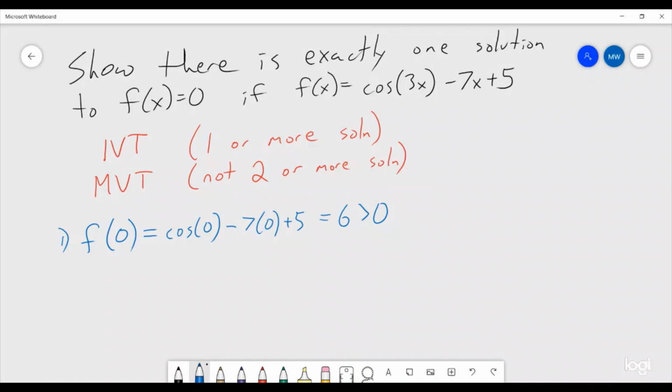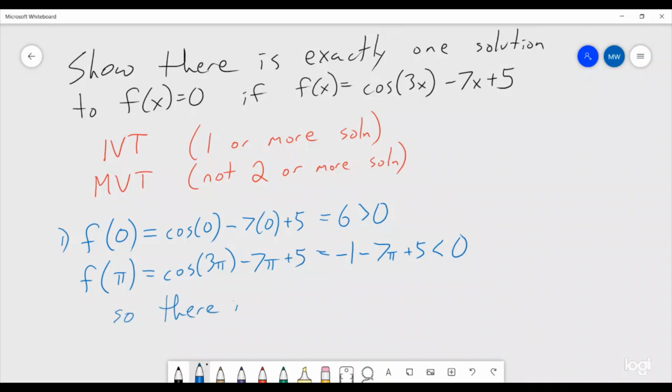So maybe we look at f of pi. Well, this is going to be cosine of 3 pi minus 7 pi plus 5. Cosine of 3 pi, that's negative 1. So we get negative 1 minus 7 pi plus 5. This is negative. So that means there is at least one solution.